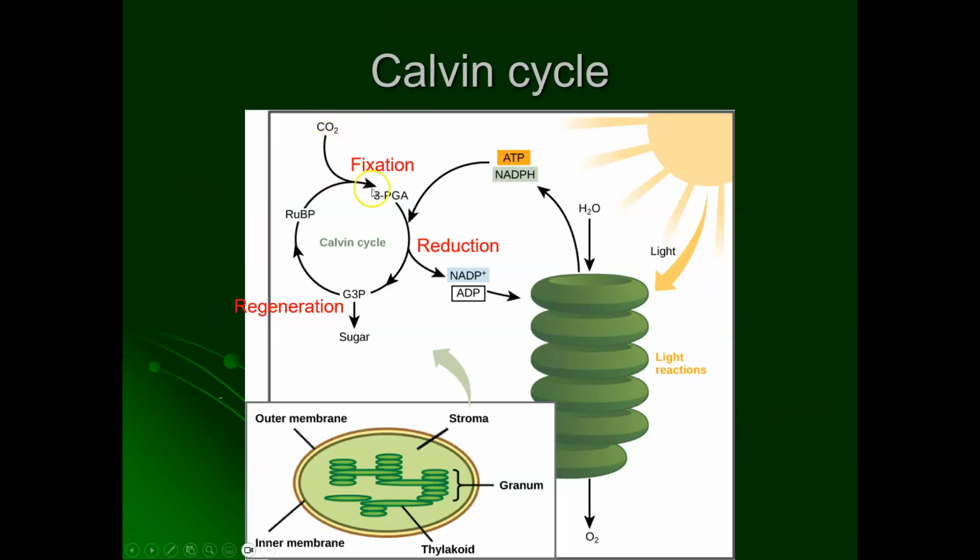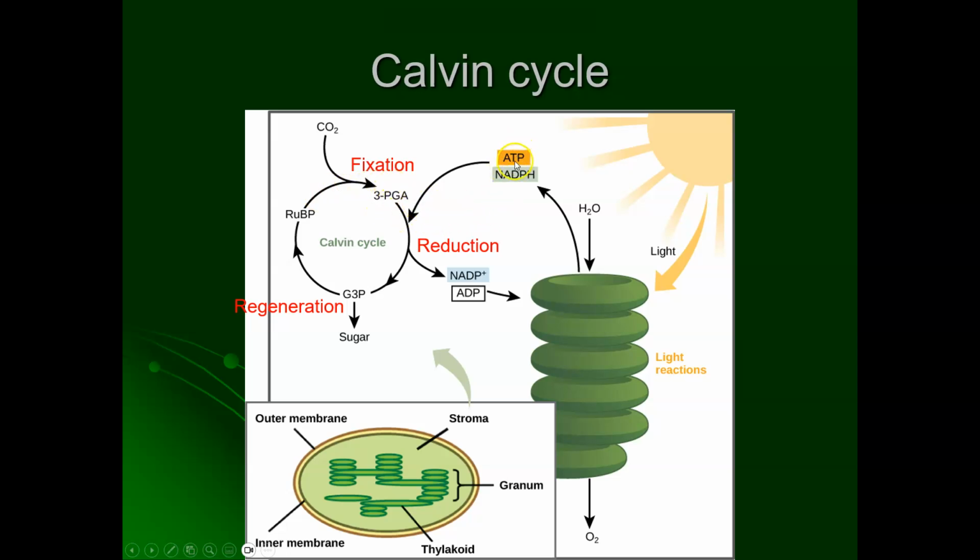So carbon dioxide gets fixed to a molecule that we're just going to call RuBP. It's ribulose bisphosphate, but RuBP for you. The enzyme that does that fixation is the most common enzyme in the world, according to biologists. It's called rubisco. So rubisco fixes that carbon dioxide to RuBP to create 3-PGA.